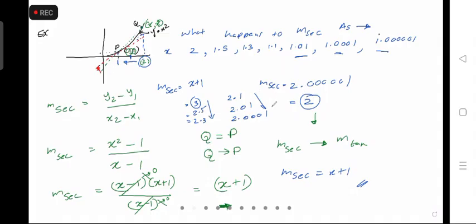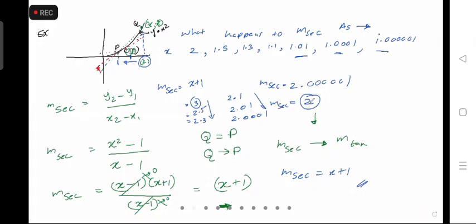Right? You can see this. So the meaning of that is the gradient of the secant is equal to 2 when you bring the point Q very close to P. So here we are doing the limits, right? We bring the Q point very near to the P, but manually, without knowing the mathematical operations of the limits. We are doing this manually and seeing what happens to the answer.